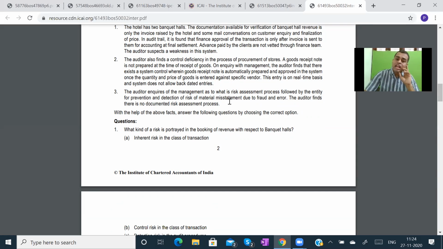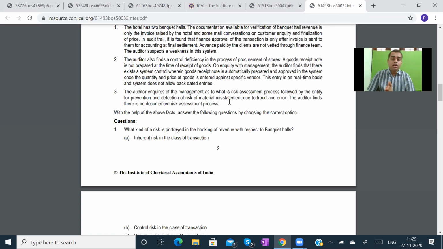So can you tell me what happened in this situation? There is no proper control on receiving the advances, verifying the advances received by the company by the finance team, and then price fixation, allocation of banquet hall, receiving the consideration, documentation and accounting. There is no proper control system.